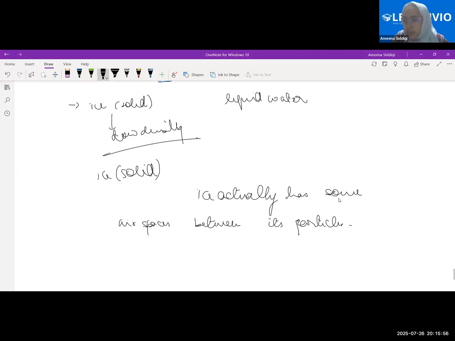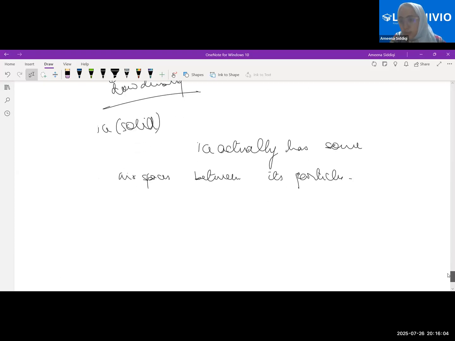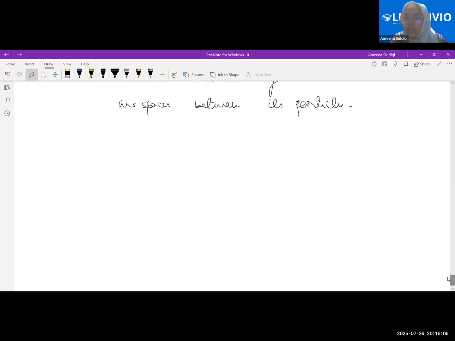Therefore, overall, the density of ice, which is a solid, gets decreased compared to the density of liquid water. Therefore, ice actually floats on water and does not sink into the water.